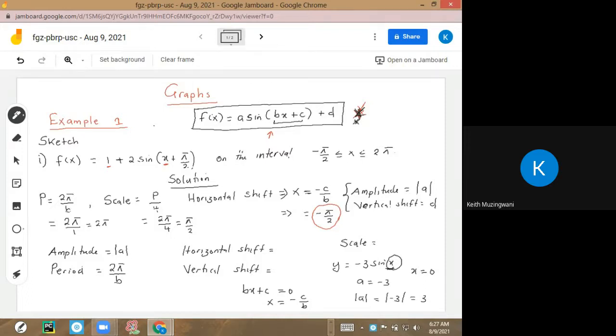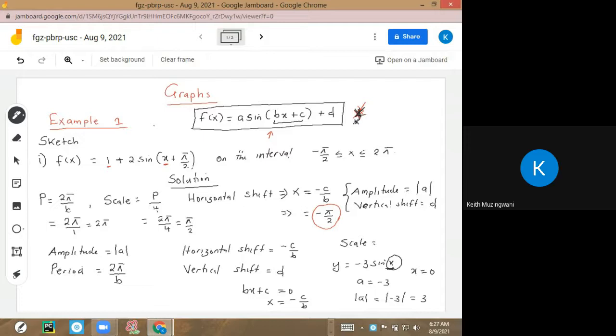The vertical shift is the number standing alone, not multiplying sine, not an angle. It's just standing alone, whether to the right or to the left. Any number standing alone is called the vertical shift. So here we are saying negative c over b, and here we are saying d.